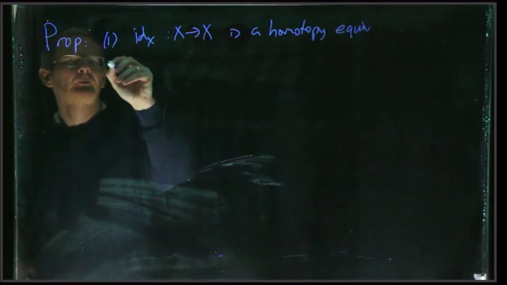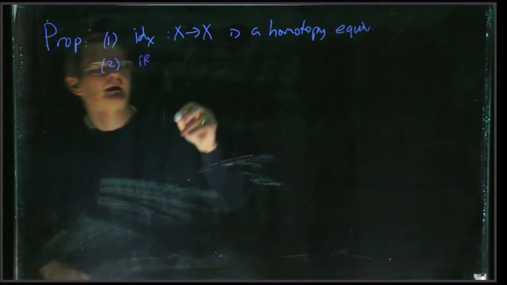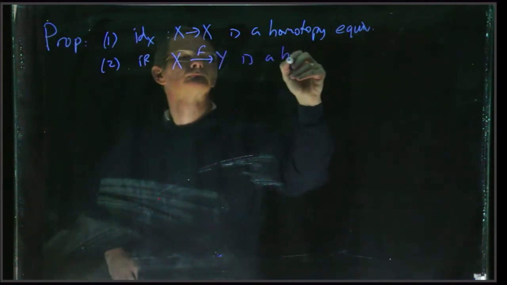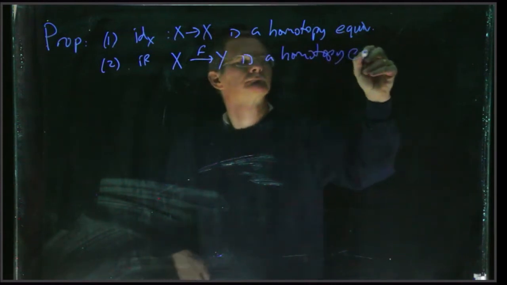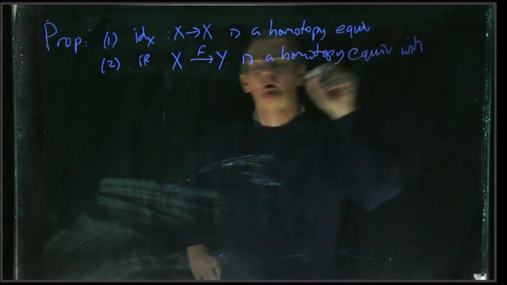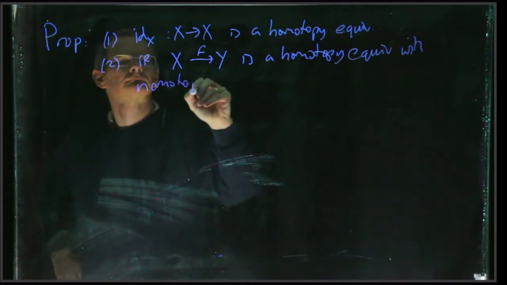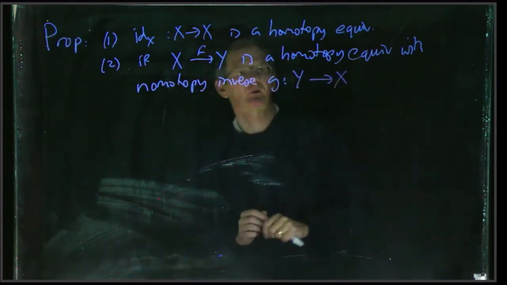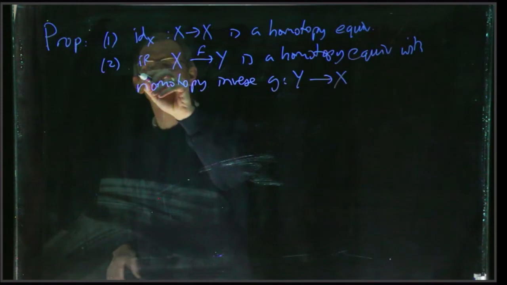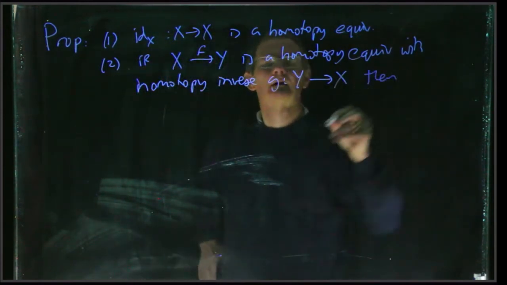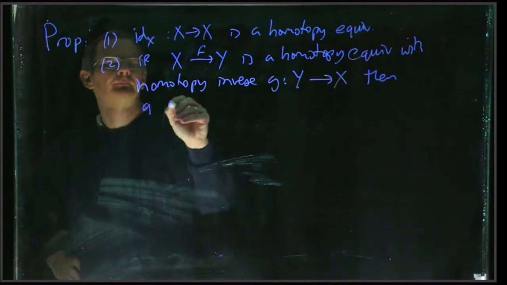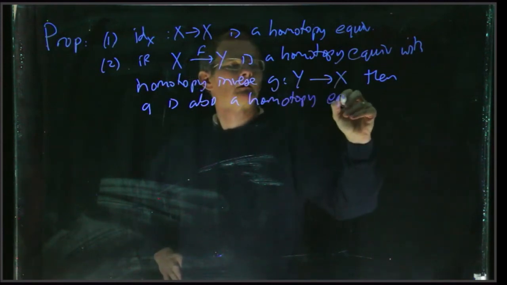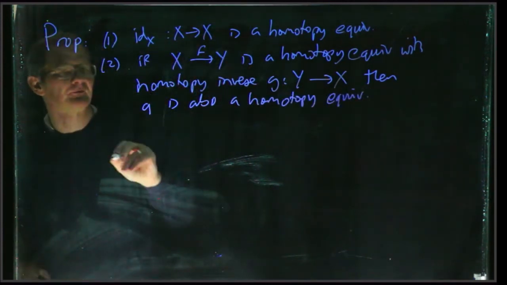The identities are homotopy equivalences. Secondly, if f is a homotopy equivalence and the homotopy inverse is some g in the opposite direction, then g is also a homotopy equivalence with homotopy inverse just being f.